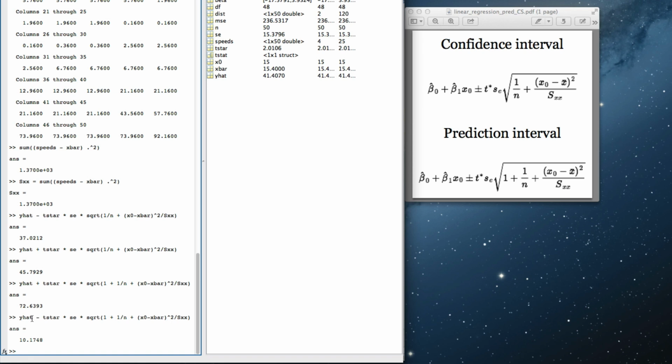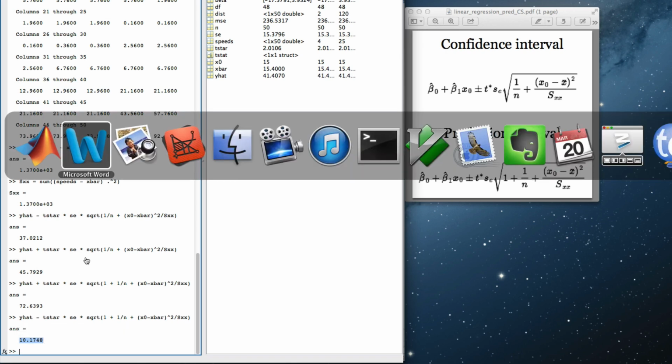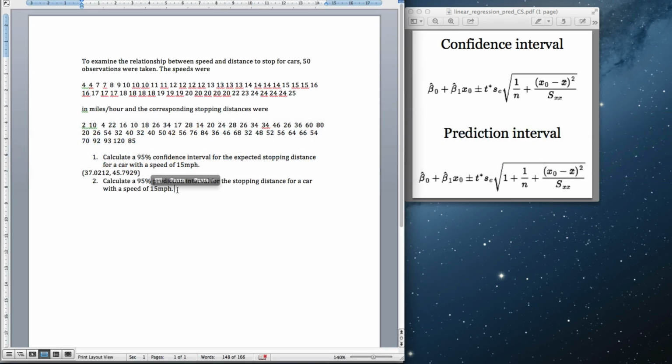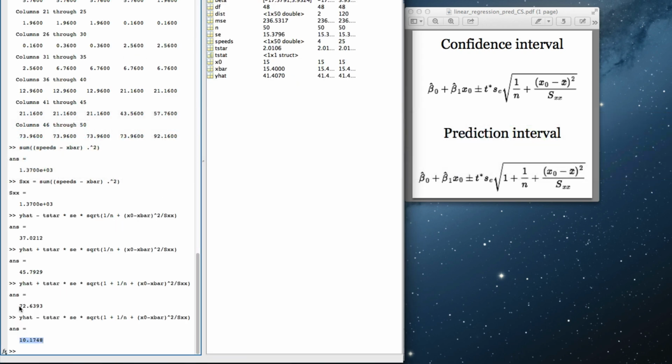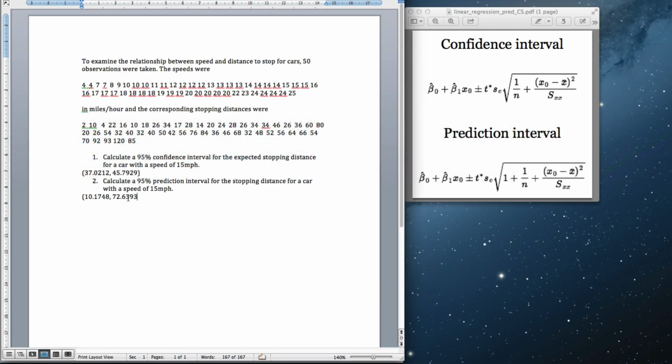So this is my left endpoint, this is my right endpoint. So let's grab the left first. And then the right one. Excellent, all done.